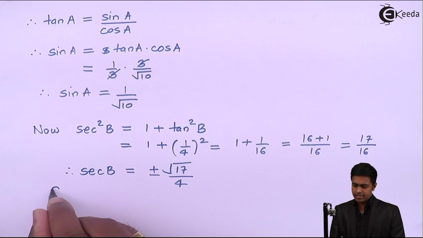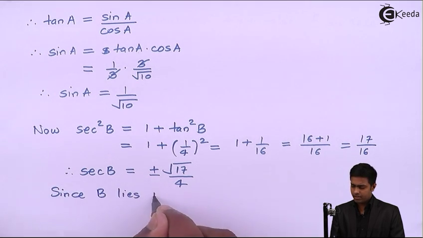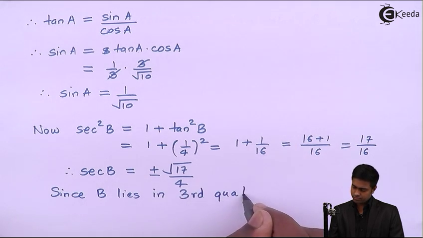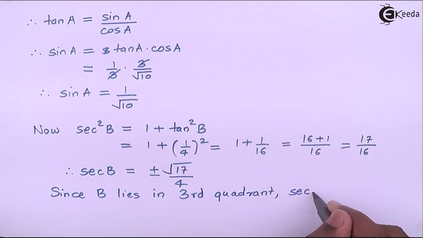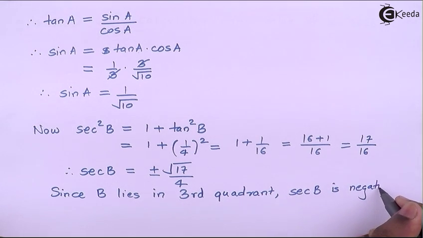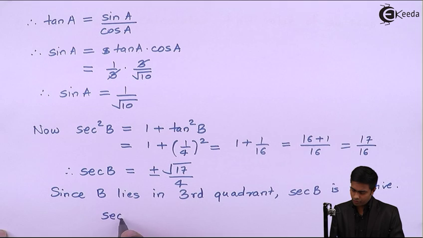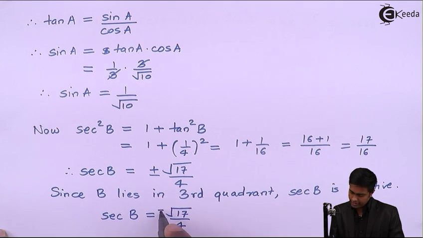So here I'll say since B lies in the third quadrant, the sec of B is negative, and therefore we will accept the negative value of sec of B. So sec of B is equal to negative root of 17 by 4.